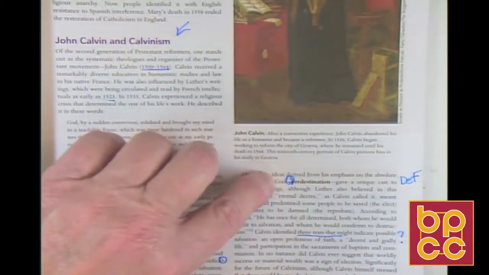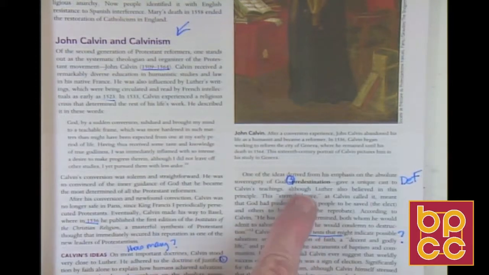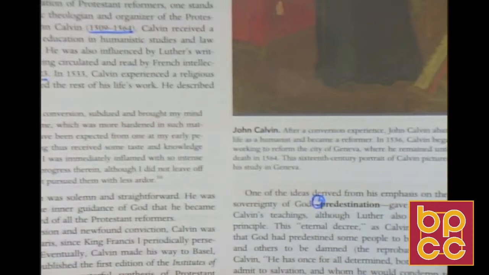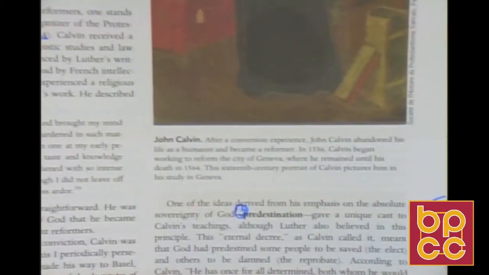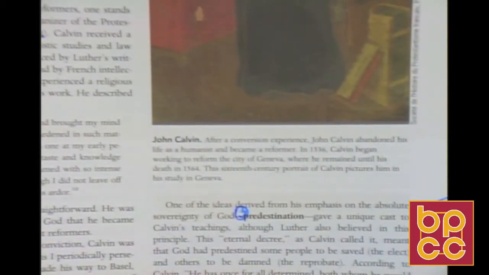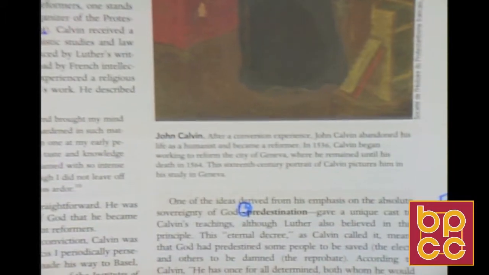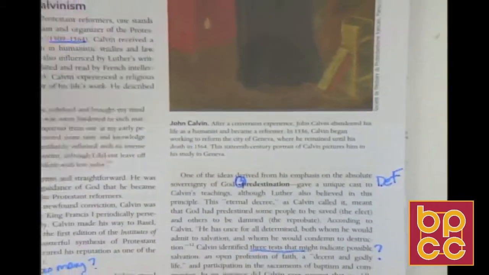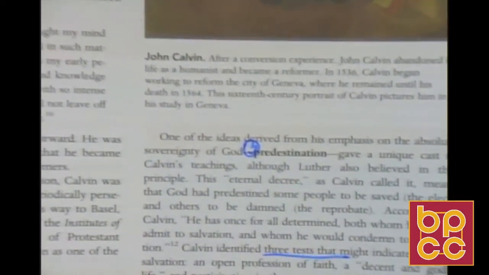1, 2, 3. But oh look, here's another word that's a vocab word. I'm wondering if the definition is provided there. The word is predestination. So I've put beside there a definition. I need that. And as I'm reading, just glancing down this page, I noticed that Calvin was identified as having 3 tests.